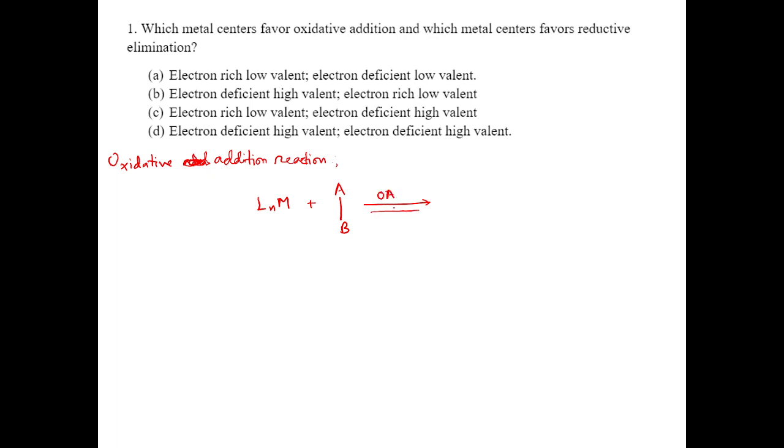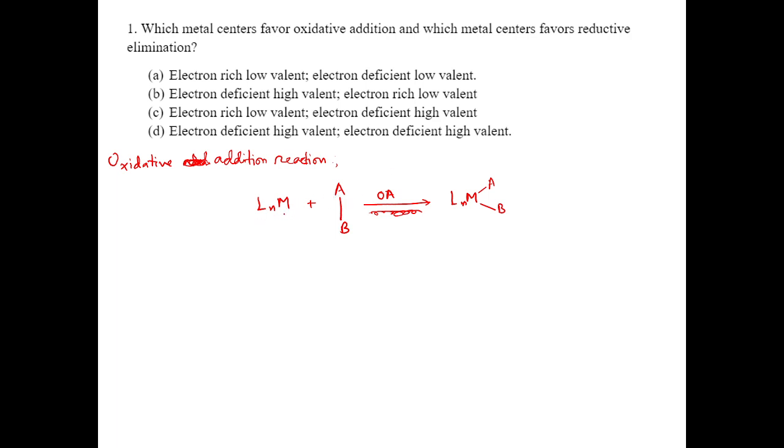Oxidative addition can occur by a concerted method, an SN2 method, or a radical method. This is the product of the reaction of the ligand and the metal center.